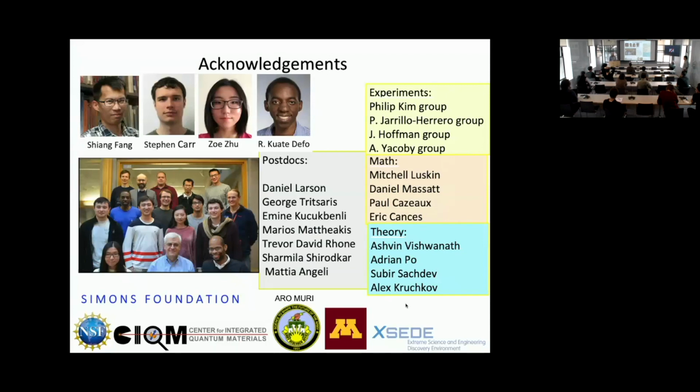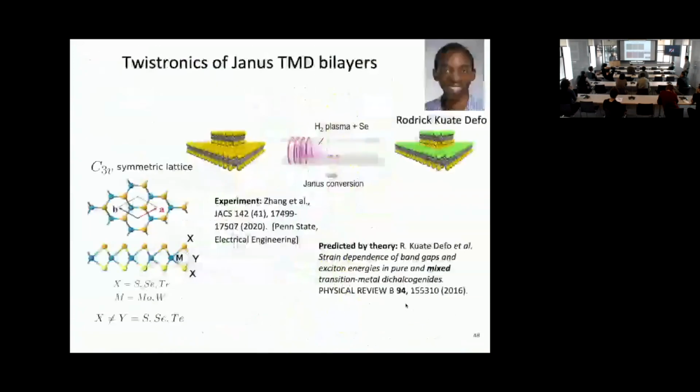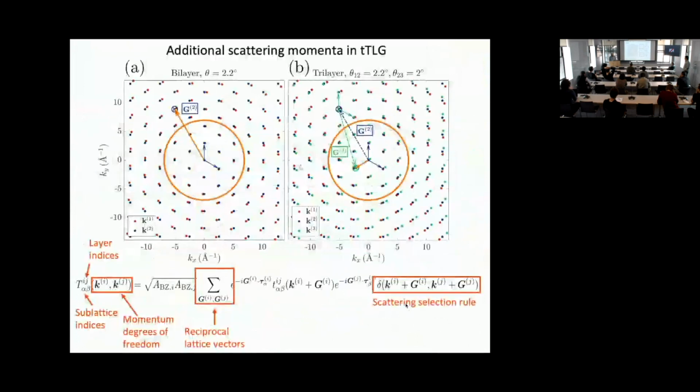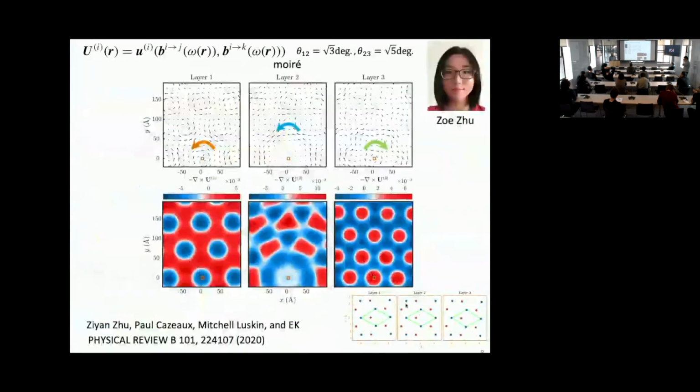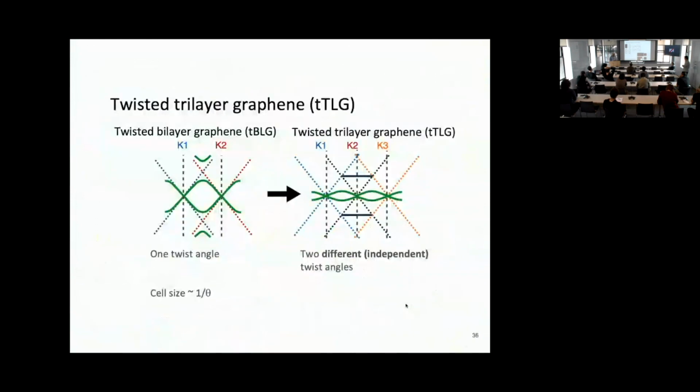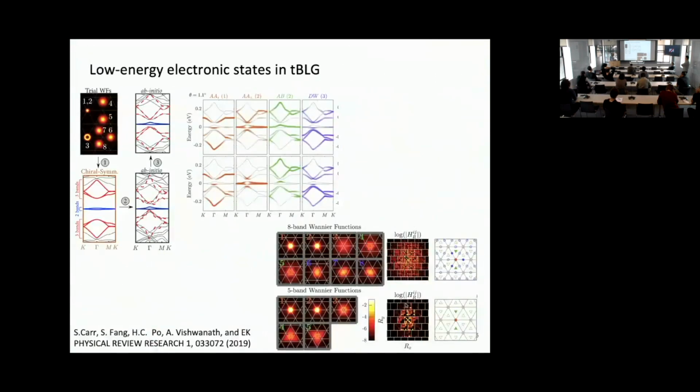Yes, that's a good question, but I believe the effect will not be very large. The reason is the following. If you look at the density of states associated with these bands, the number of electrons associated with these bands is minuscule, is really tiny.